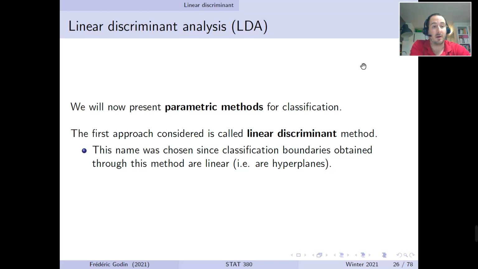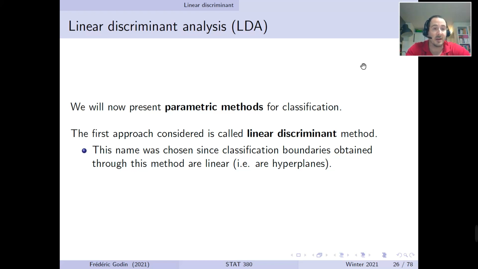In chapter 5 we are introducing classification methods. At the end of the last lecture, we discussed the k-nearest neighbors method for classification, which is a non-parametric method. There's no parametric assumption about the linear boundaries or how the data was simulated.